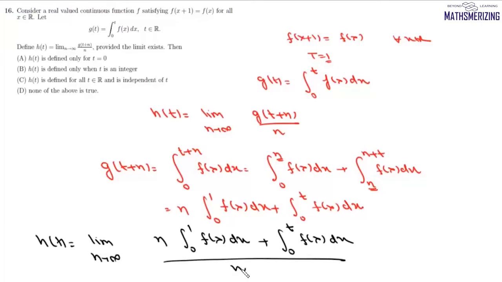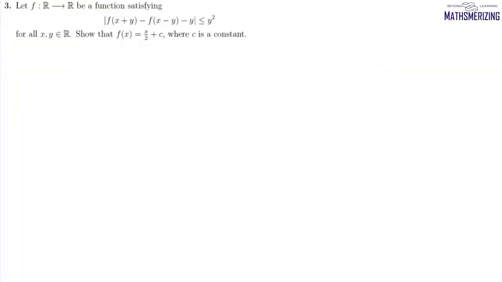This n and n will cancel, and 1 upon infinite will be 0. So this ht will be nothing but this value from 0 to 1 fx dx, which is a constant function. So this ht, it is defined for all t belongs to R, and it is independent of t, and that's here option C.